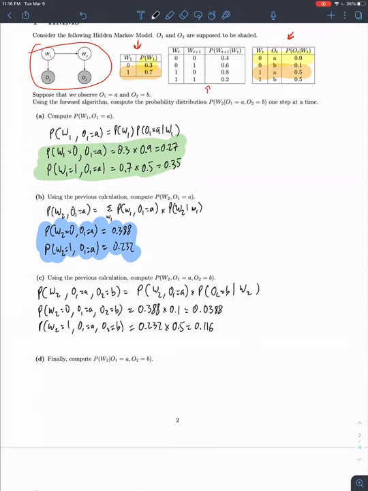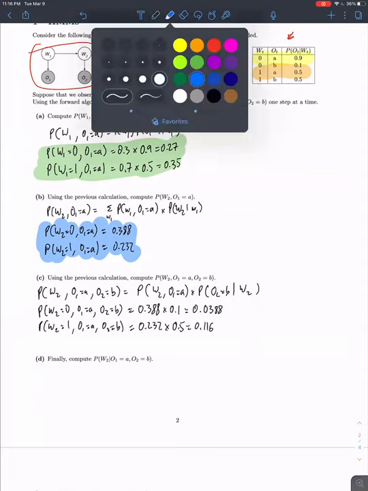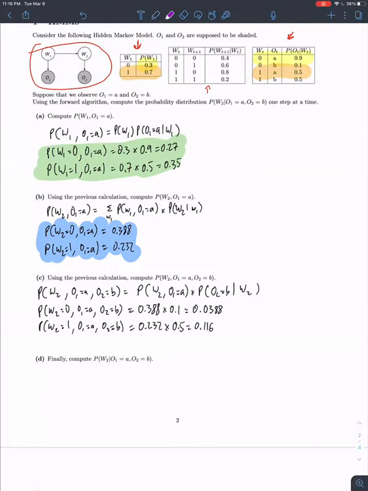All right, so let's highlight this. We're nearly running out of colors, but let's highlight it in a lovely purple. So finally, we've got to compute probability of W2 given O1 is A and O2 is B. So, well, we have the joint, right? So we just have to renormalize the distribution.